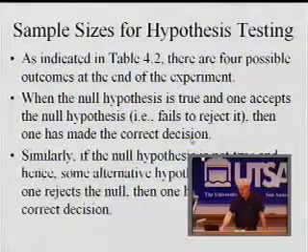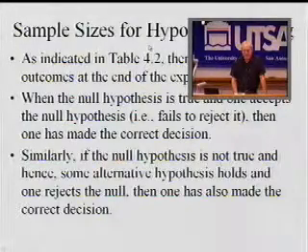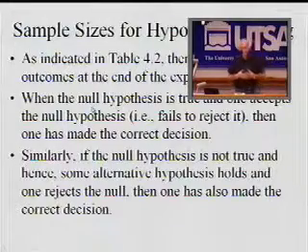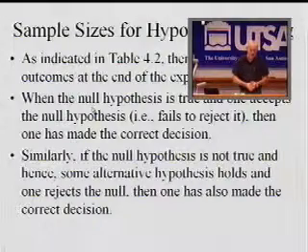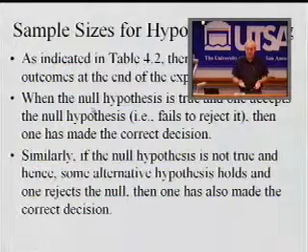Okay, so again, remember the null hypothesis. When we talk about hypothesis testing in this sense now, we're talking about statistical hypothesis testing, which means that you state the null hypothesis as the differences among your groups equals 0, that they are all the same.